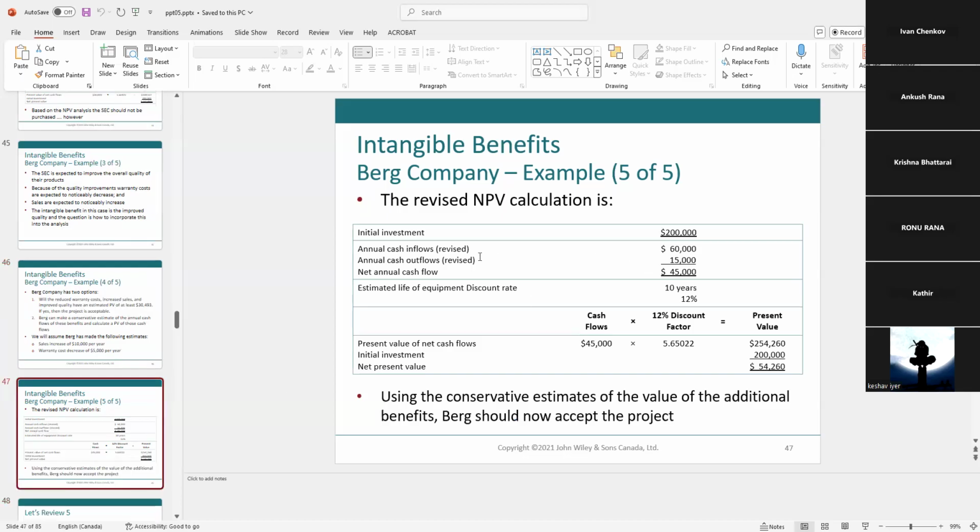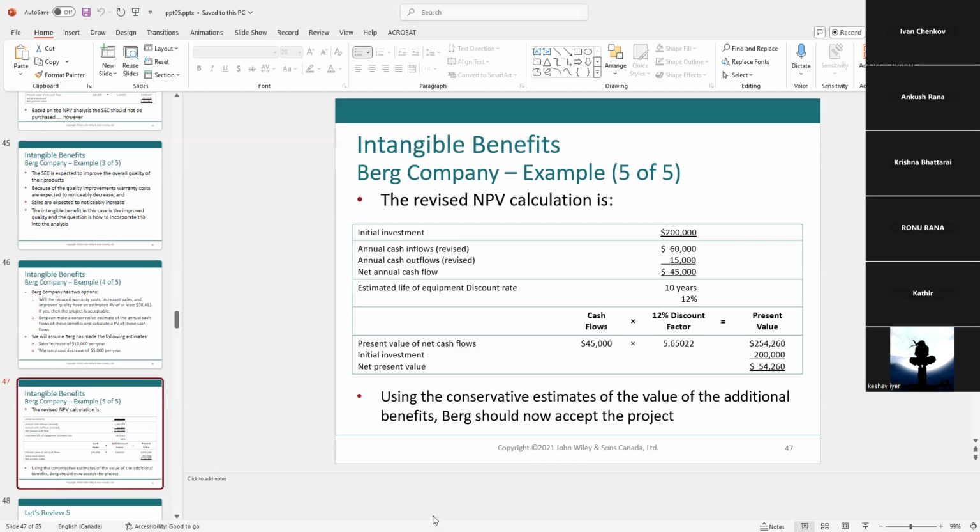So the question is, where is that going to hit us? Once we do the initial investment, we'll see the annual cash: 60,000 inflow, 15,000 outflow. So the annual cash will be 45,000 that we're getting every year.